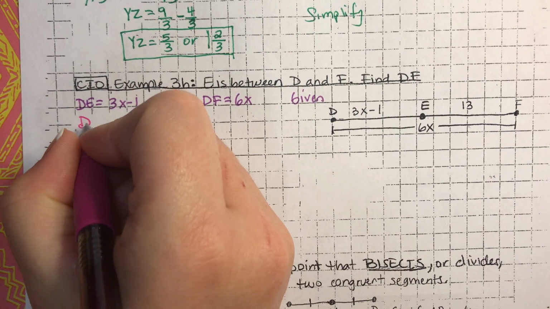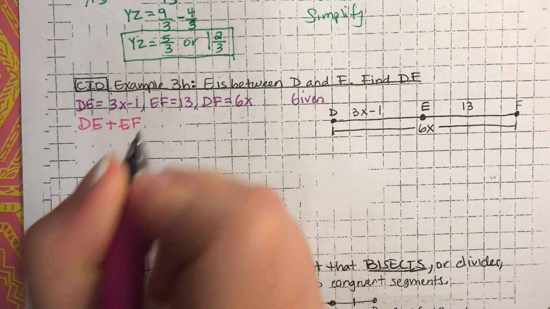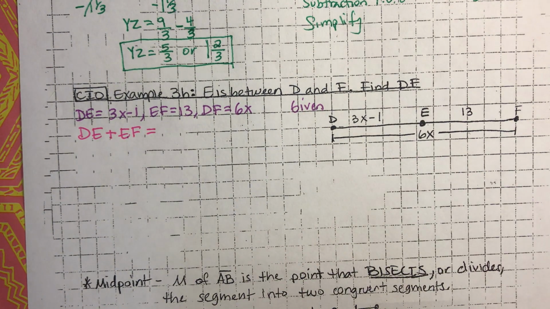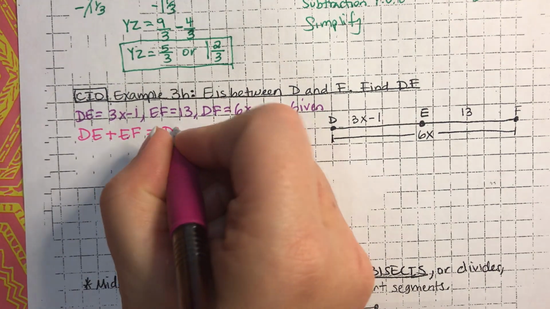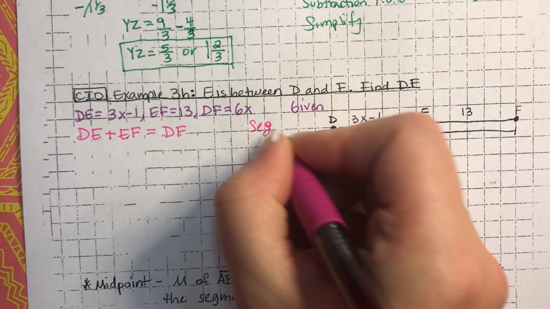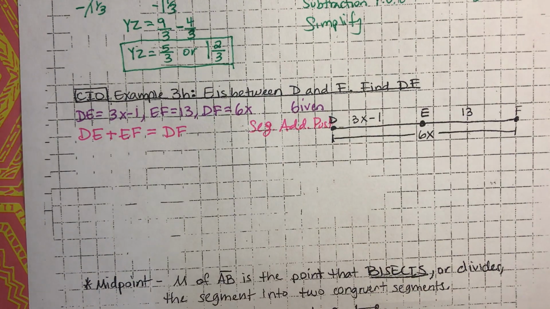So DE plus EF, you have to write this down, equals the whole thing, DF. The reason why I can write that is because of the wonderful, magnificent segment addition postulate, which now I'm totally abbreviating.